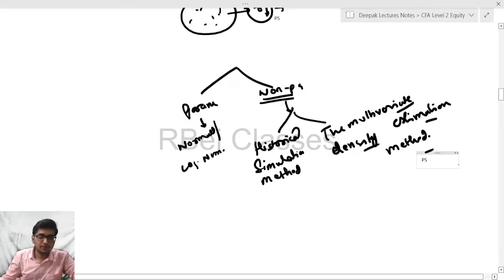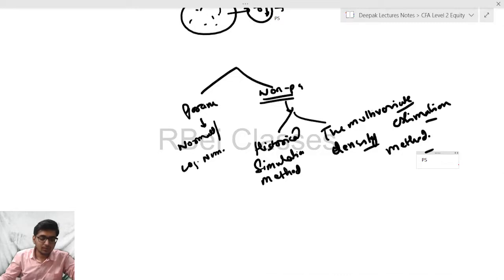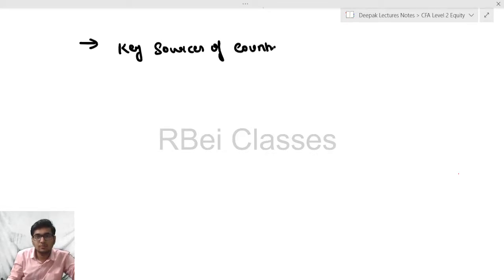Okay, so now write down the next point: key sources of country risk. Give the heading: key sources of country risk. Write down the first point: the level of the country's economic growth.